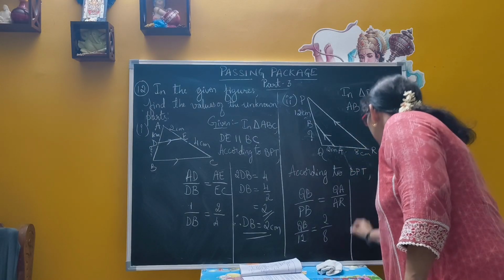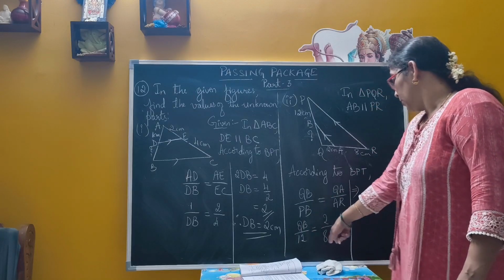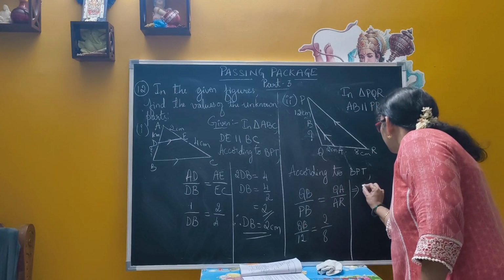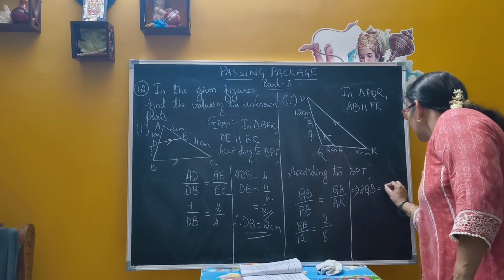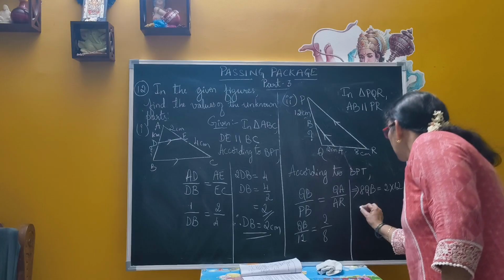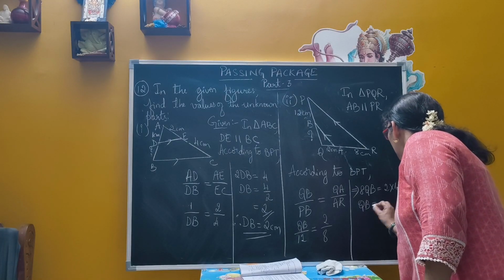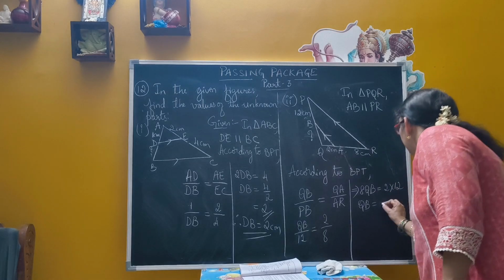So simplify this now by transposing. So QB into 8, that is 8 QB. 8 times QB is equal to 2 into 12. So QB is equal to, what do you write now? It is 2 into 12 divided by 8.